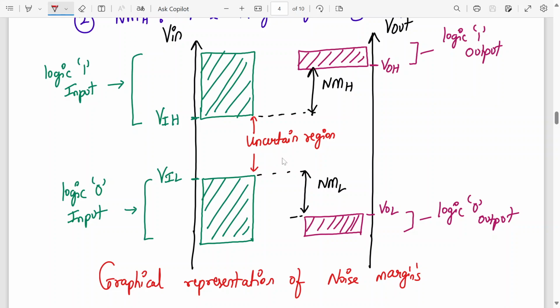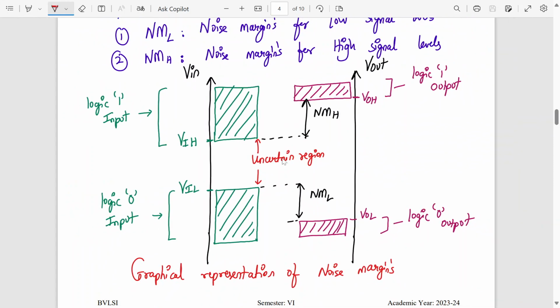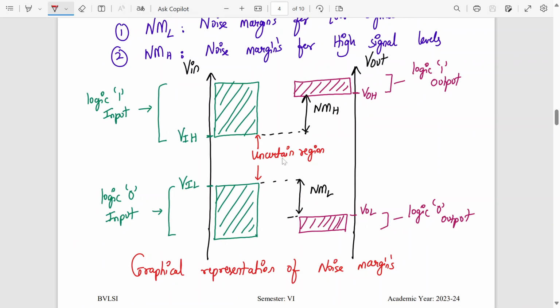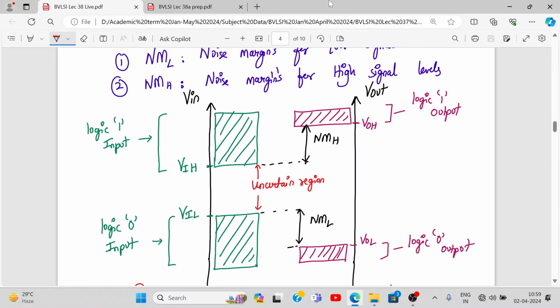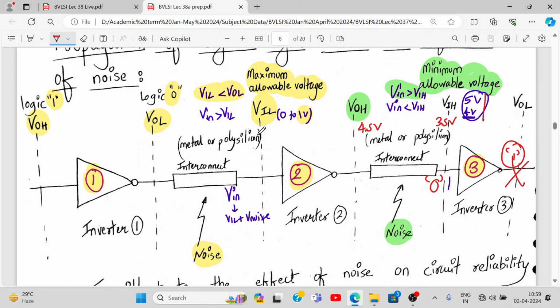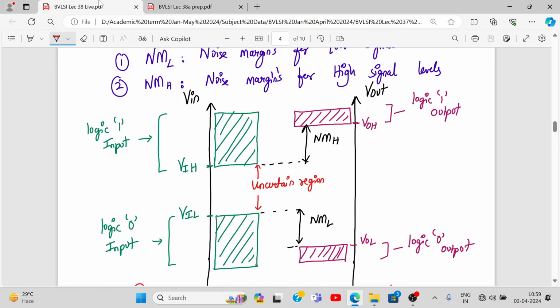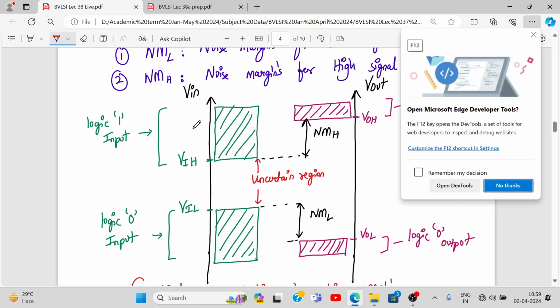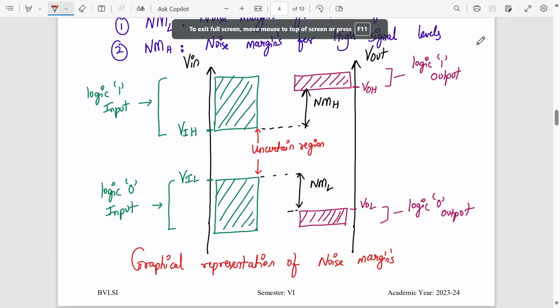Noise can enter the input signal, that is bigger, the green portion, definitely. So even a small voltage will disturb the output. Yes or no? That's why we have to be careful with the input ranges, and with the output also, definitely yes.